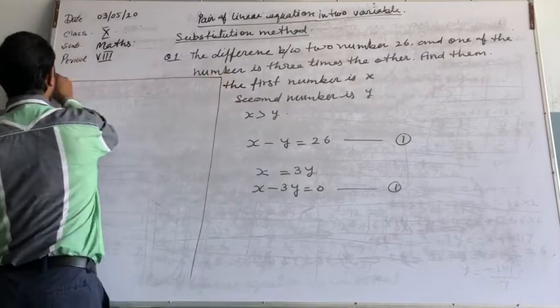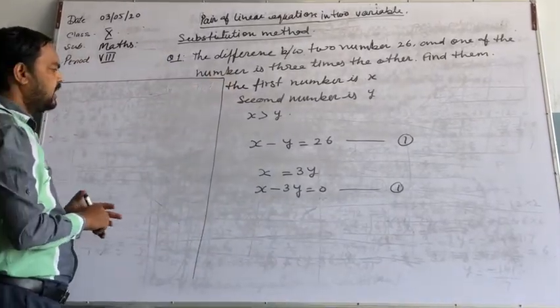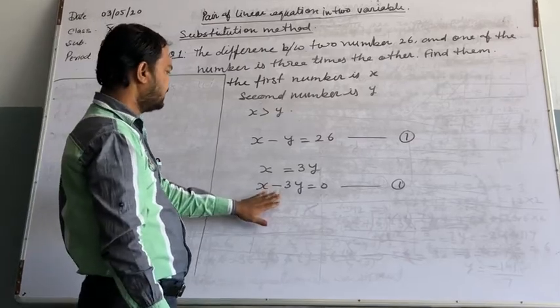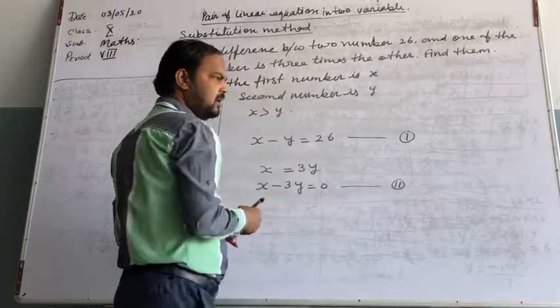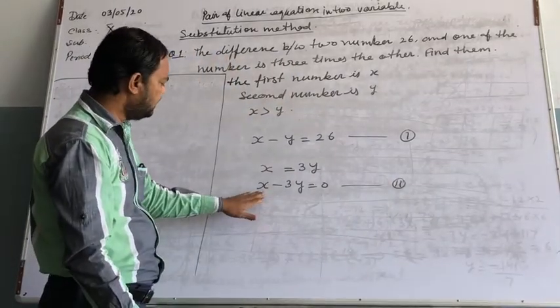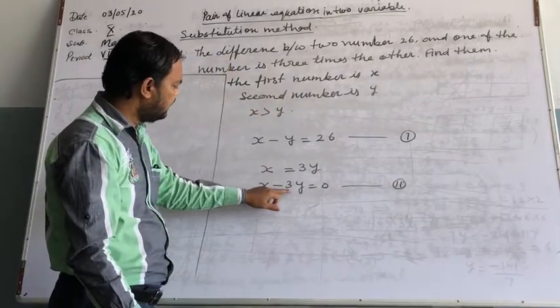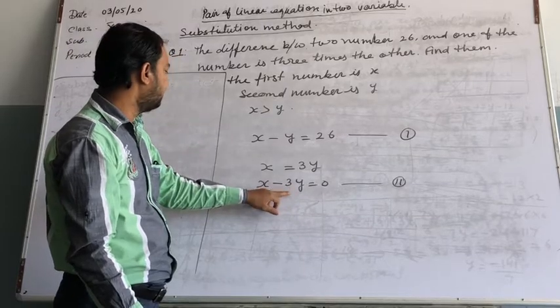As we know, in the last class, we take one of the equations, either 1 or 2, whichever is easier for us, depending on our experience. In this case, equation second is more convenient.